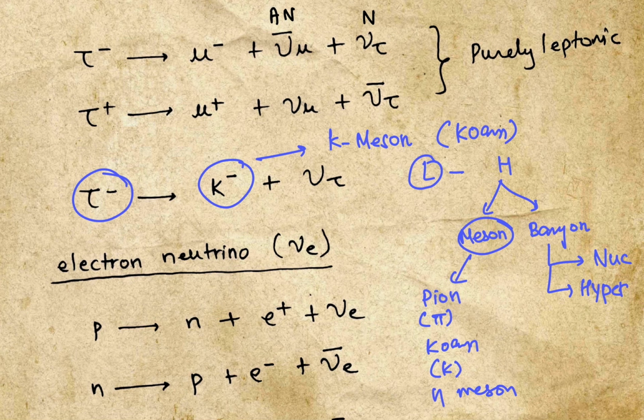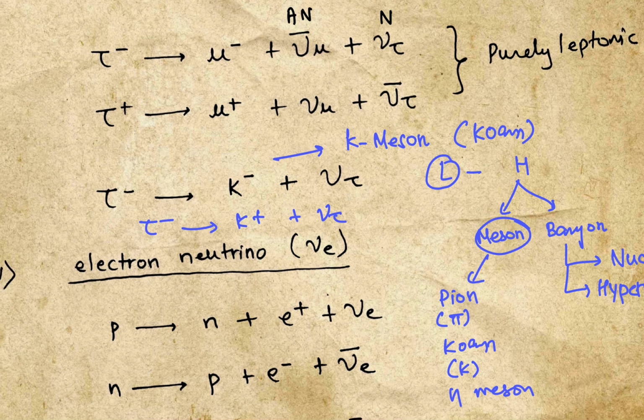Okay, so right now we know that kaon is being formed, and whenever you find that they have written it going to K plus and some kind of neutrino, then you know it is wrong because neutrino is a neutral particle. Then here it is minus, then here it is plus, then it is wrong because charge is not conserved. So they should both be the same. That is why this is wrong. Okay. So this is how you have learned how charge is being conserved and how neutrino and antineutrino are being produced.